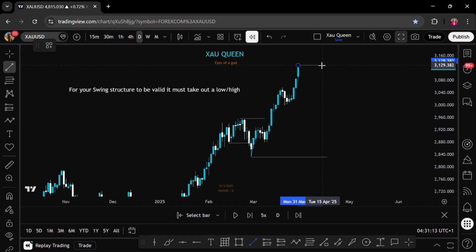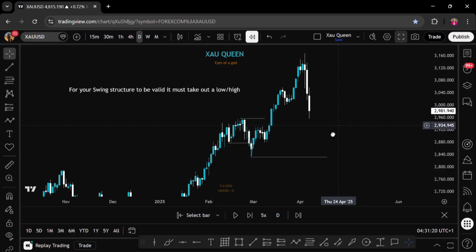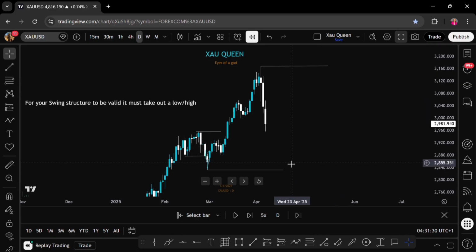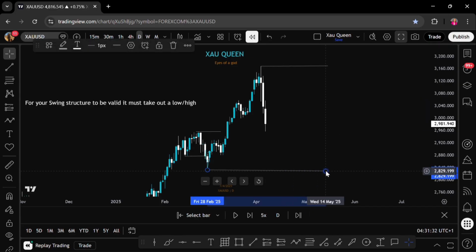We can't consider this a swing high yet. Let's play price until we start seeing a pullback. Now we started seeing a pullback, so this is now our swing high. This is our swing low rather, and this right here is our swing high.